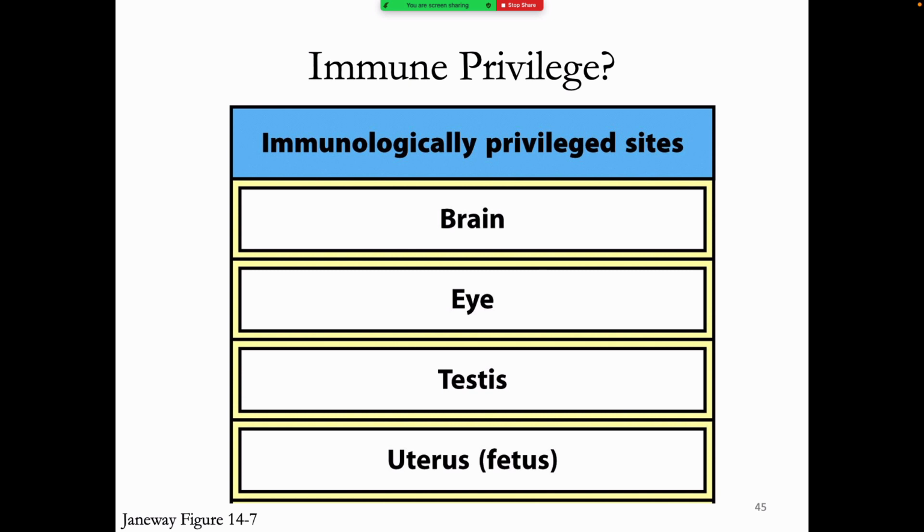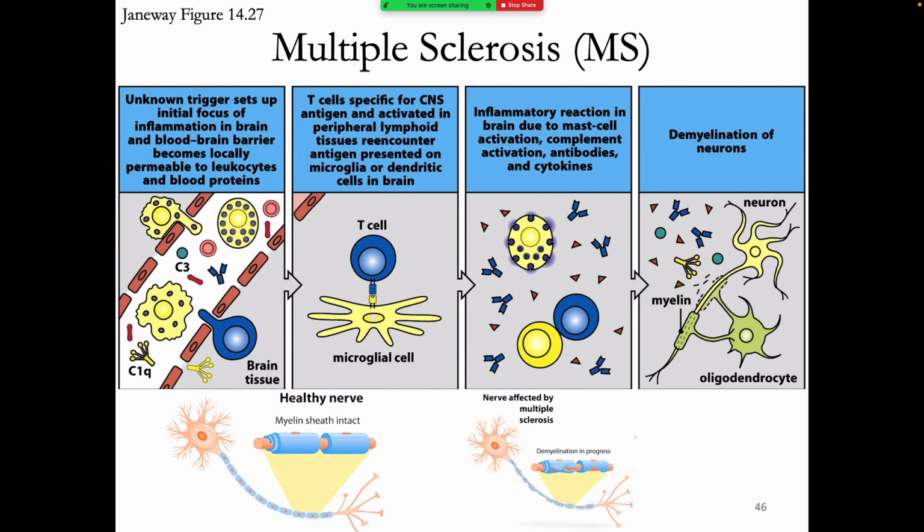But the other place where we really have started to understand this differently is in this case. We started to question some aspects of immune privilege here as well. The other case that I'm going to tell you about is related to a particular disease, multiple sclerosis. You can see some general details of multiple sclerosis here. The idea with multiple sclerosis is related to this at the bottom about nerves.